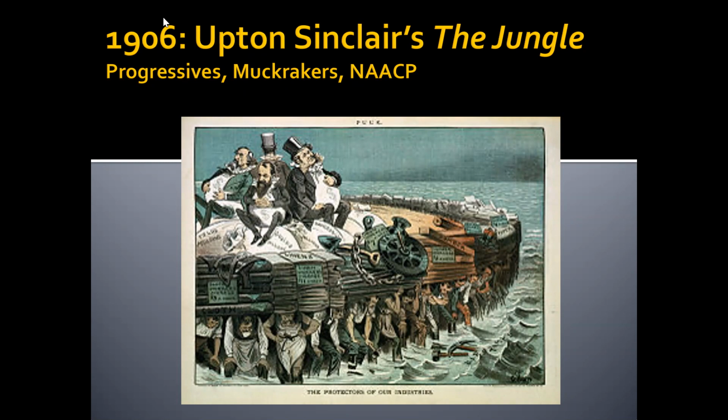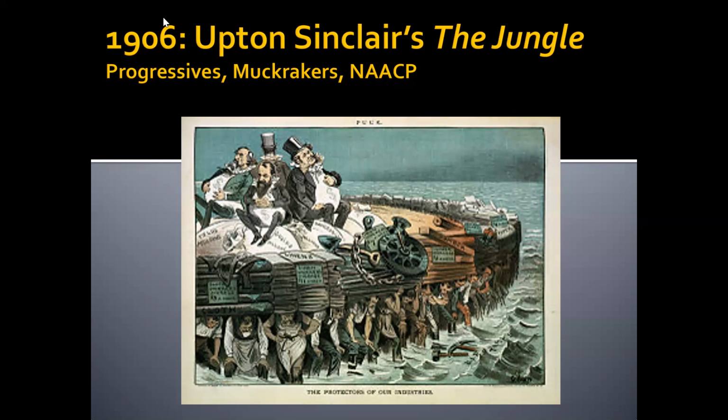President Theodore Roosevelt reads this book and is utterly sickened. He wants to vomit. He's over it. Because of this book, Theodore Roosevelt passes the Food and Drug Act, which forces the different meatpacking industries and other food areas to follow a certain set of laws to make sure that things are more sanitary and safer for people to consume.